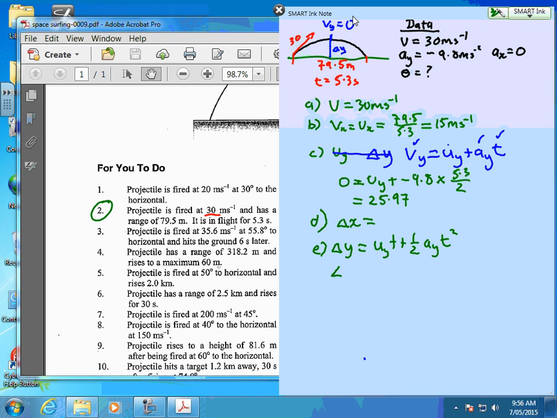So delta y is going to be uy, which we worked out before was 25.97 times the time, which is 5.3 on 2, plus 1/2 times minus 9.8 times 5.3 on 2 all squared.